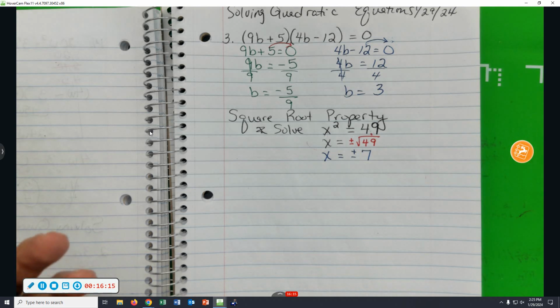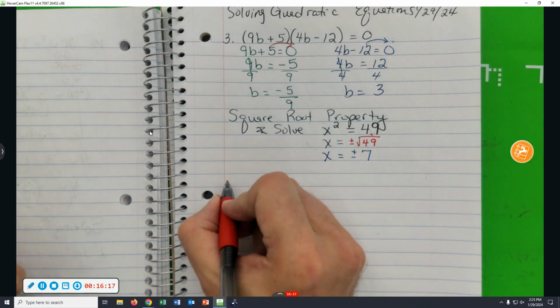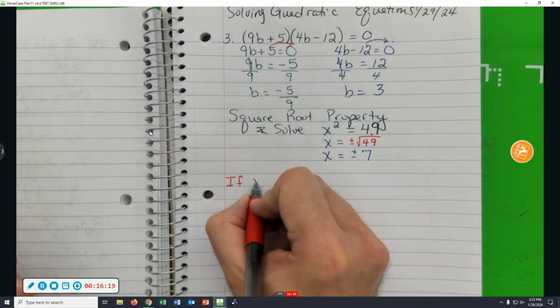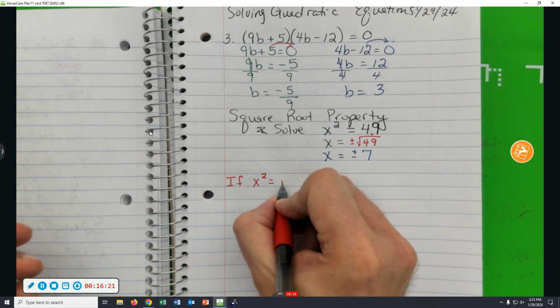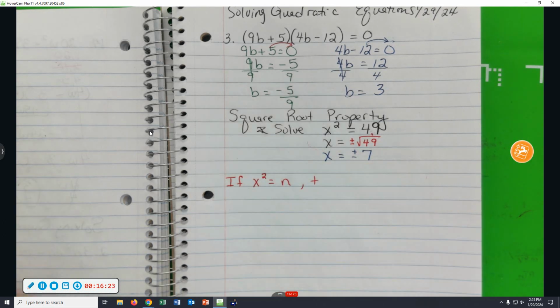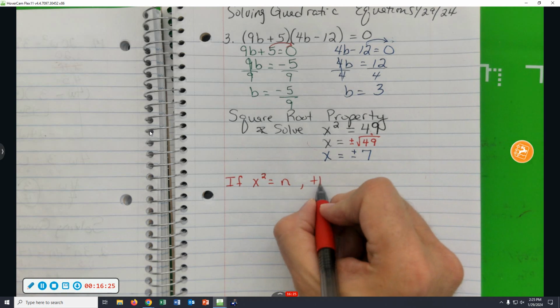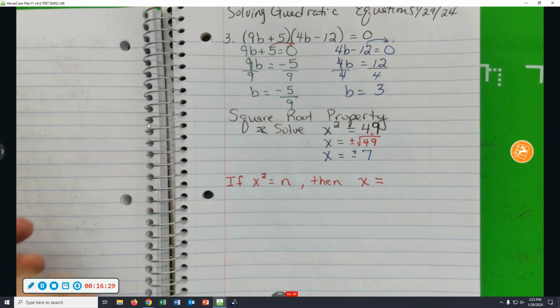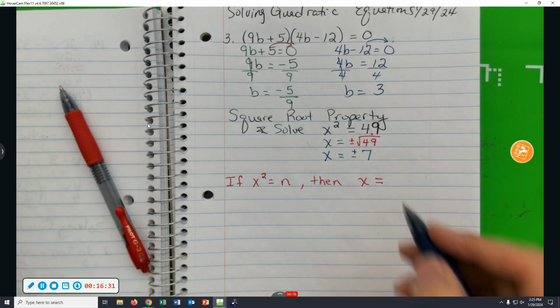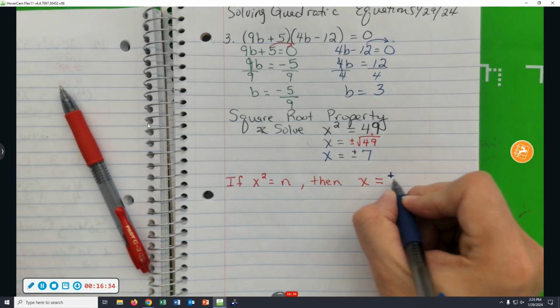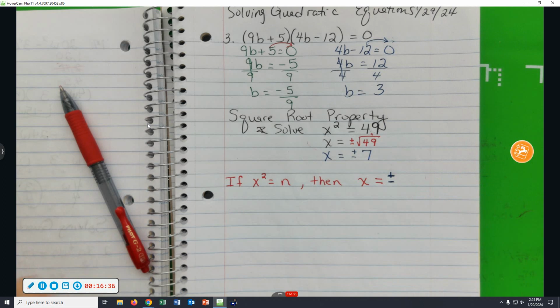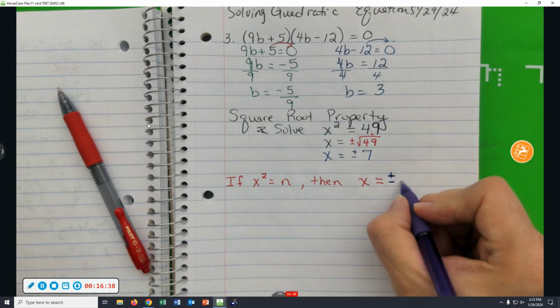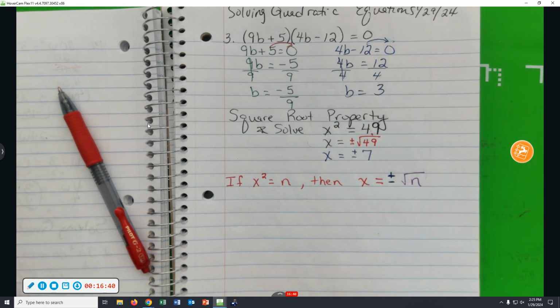So here's the formal statement of the square root property. If x squared equals some number n, then x is plus or minus the square root of n. And that's what we did there.